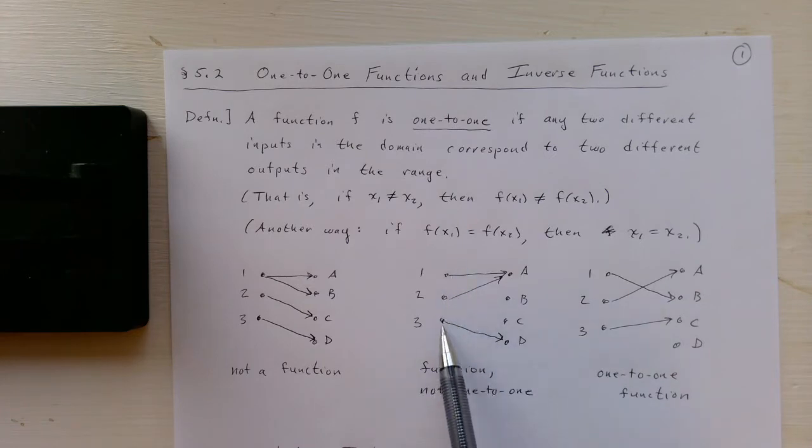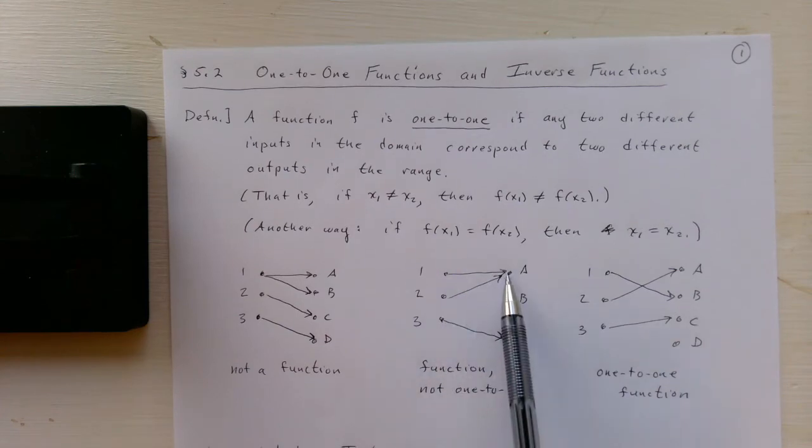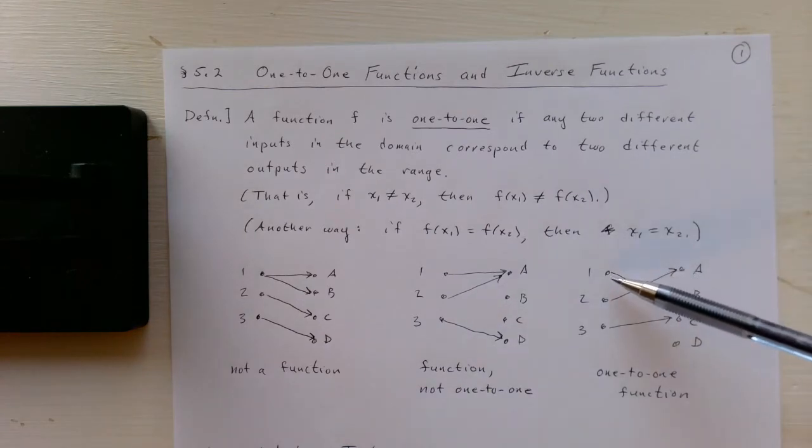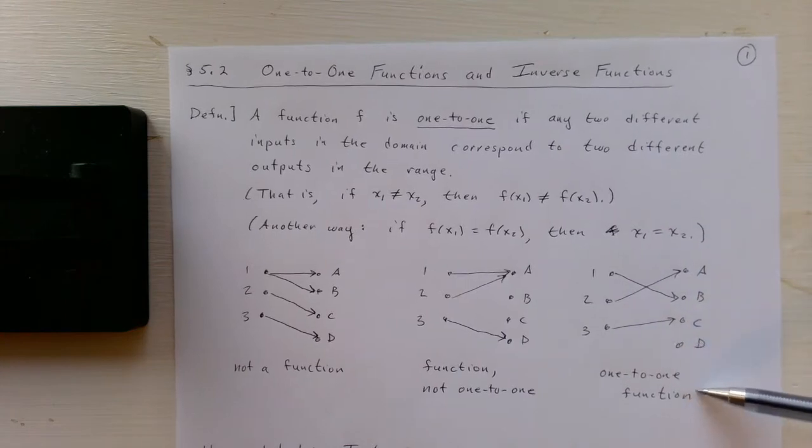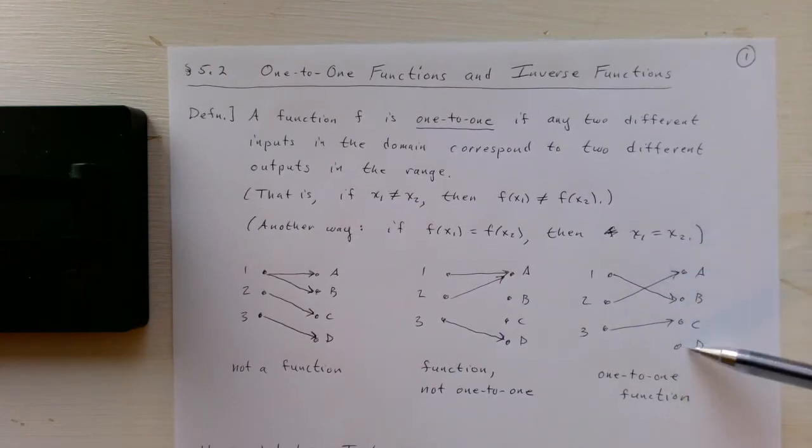Every input has exactly one output, but 1 and 2 have the same output, so it's not one-to-one. And then here the outputs of 1, 2, and 3 are all distinct, so this would be a one-to-one function. Basically, none of the outputs can be hit more than once.